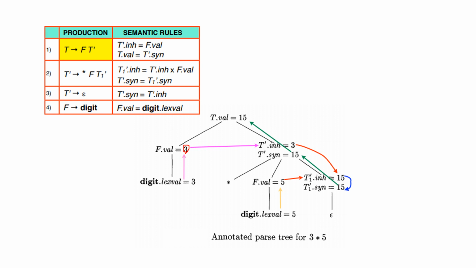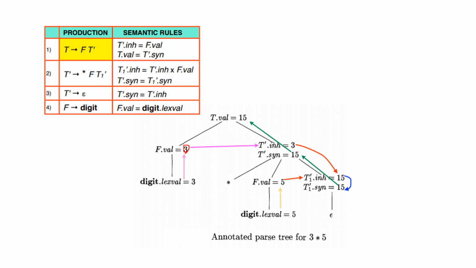Now we know t dot synthesis, we need to calculate t1 dash synthesis because it has to get its value from its child nodes. So here we can say that according to production 2, the production is next is star, because we assigned the 3 and the next is star f dot value.